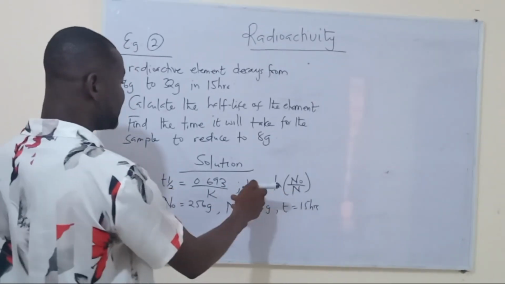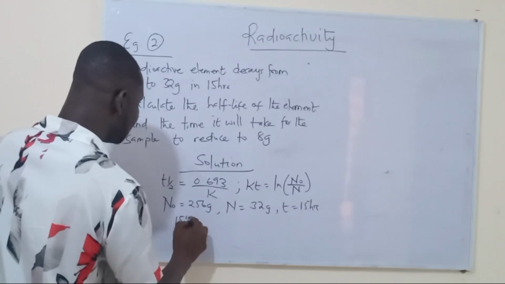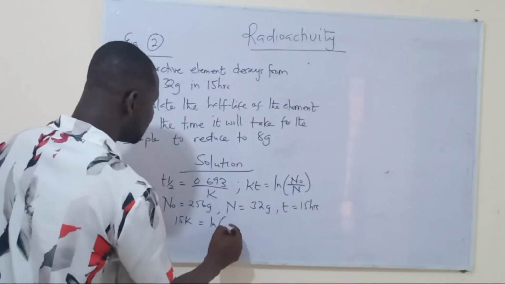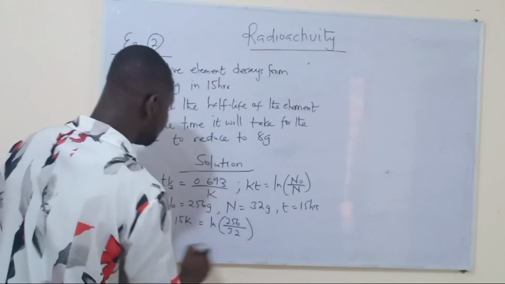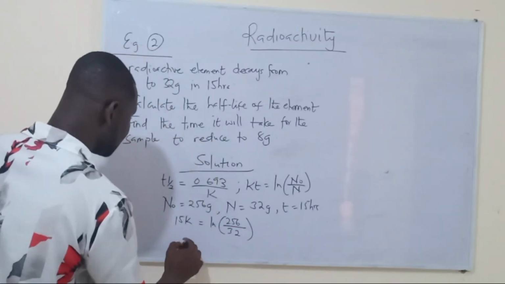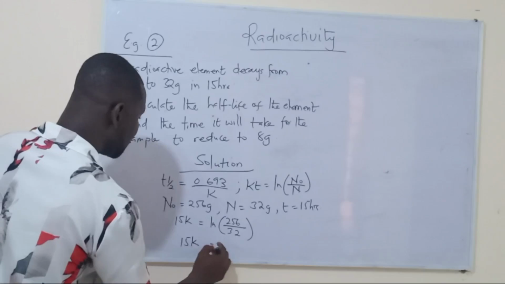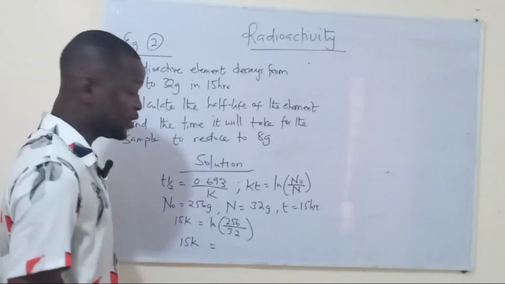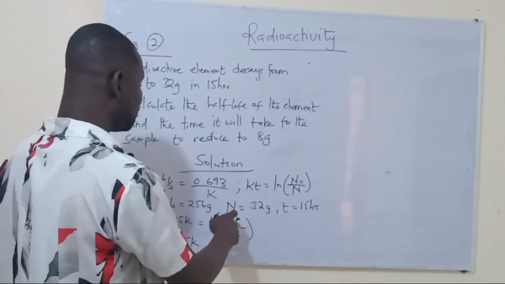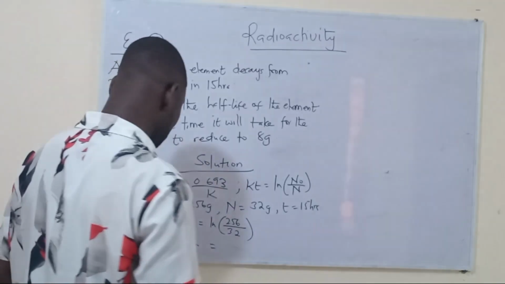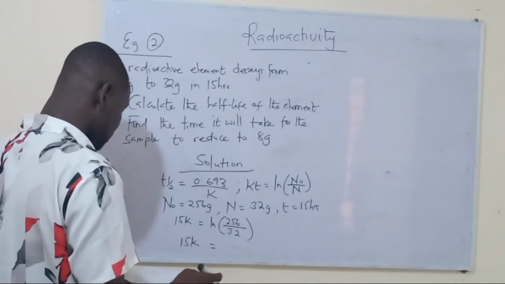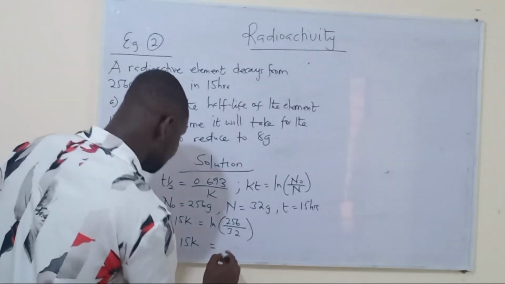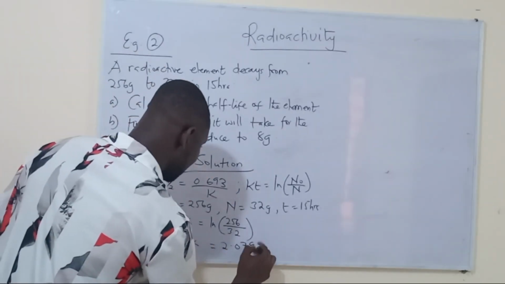So 15 times K will give me 15K, equal to ln(256/32). Using your calculators, ln of 256 divided by 32, if you do that well, you should get 2.0794.